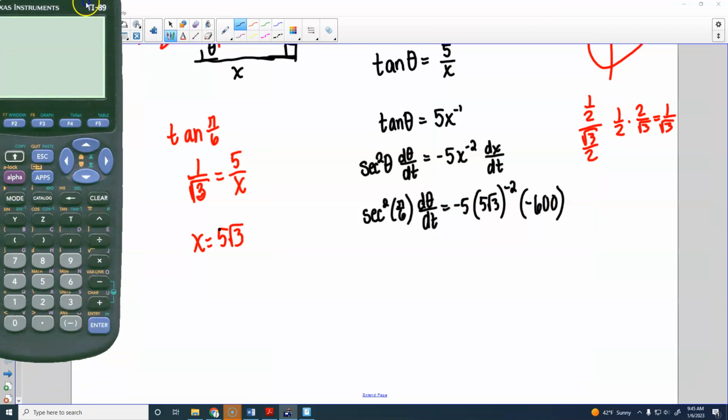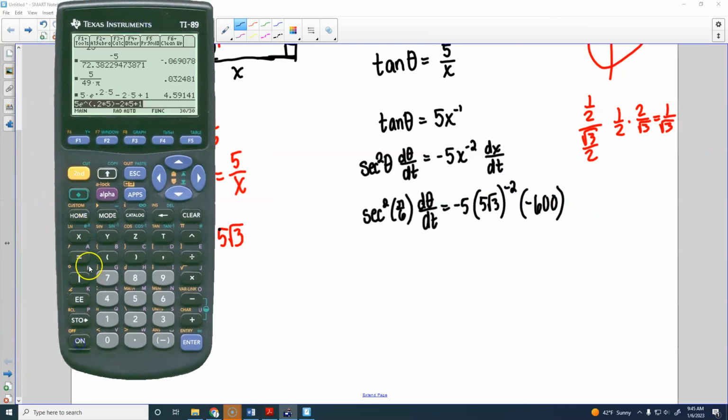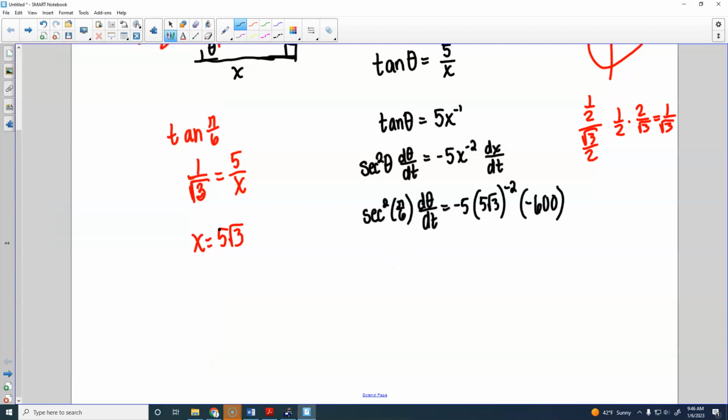If we resort to the calculator, 1 over cosine of pi over 6, and then we got to square that, is 4/3. D theta dt.